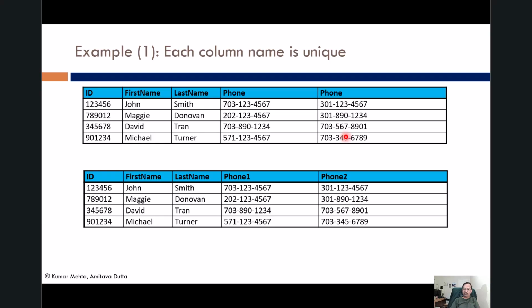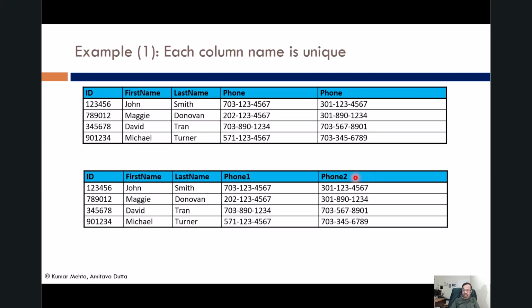So this picture shows what I have just been saying in words. That is, I cannot have a table where both these columns have the same title, the same name. So I have to give different names. In this case, we are not being very creative. We just said phone 1 and phone 2. If I knew more about what these two phone numbers represent, home phone, work phone, then I could say home phone as the title for the first column, work phone for the second column, and so forth.